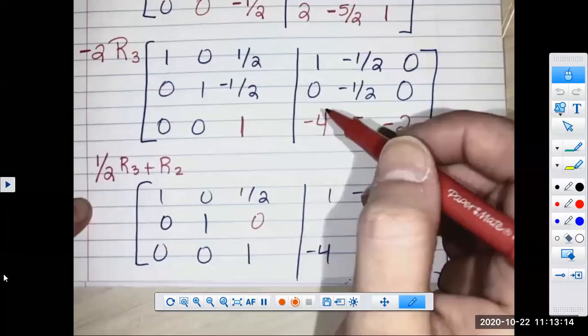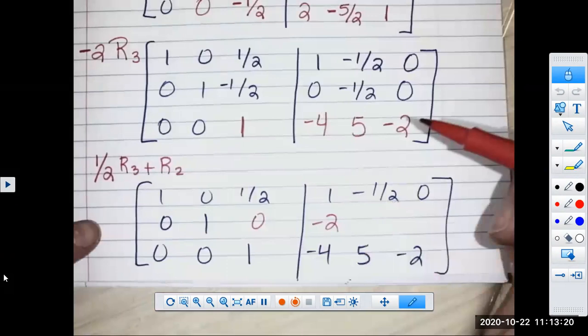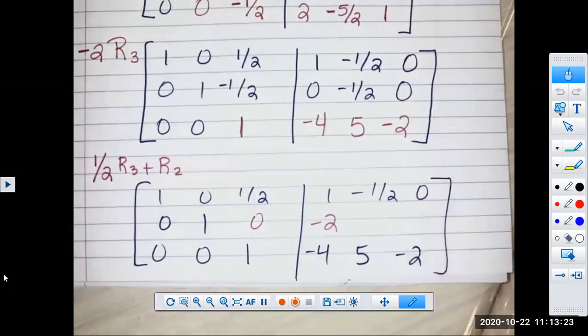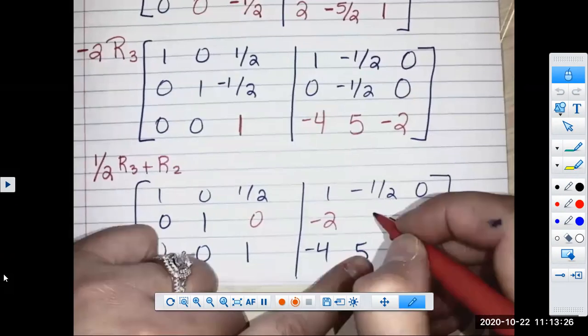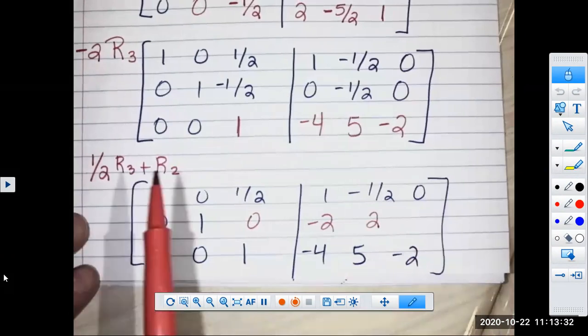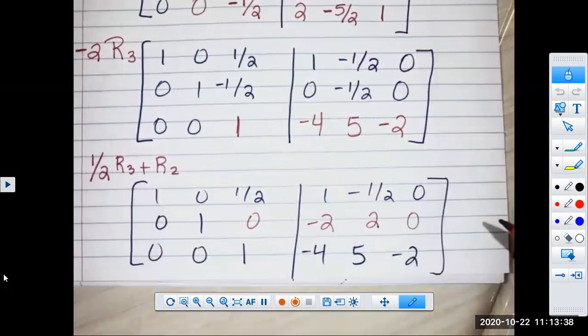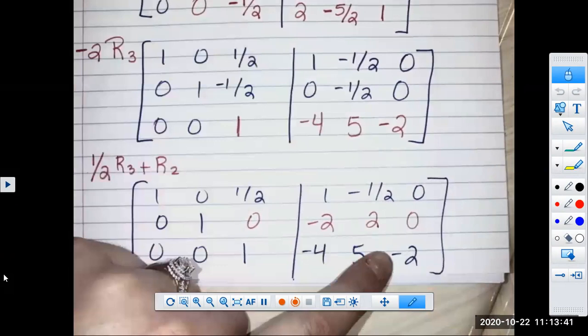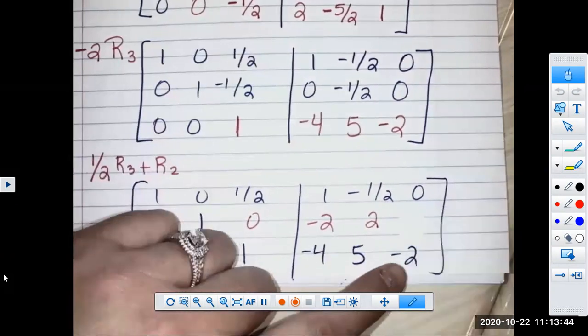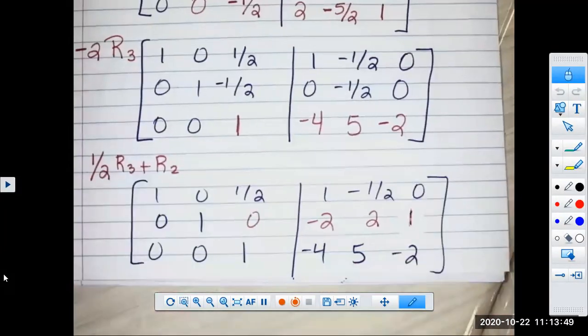And then this times 1/2 is going to give you -2 plus 0, -2. 5 halves minus 1/2 is going to give you 4 halves or 2. And then 1/2 times -2, sorry, is going to be -1. -1 here, and then you add it, so -1. Okay, one last thing to do, and then we'll have our inverse matrix on the right side, finally.